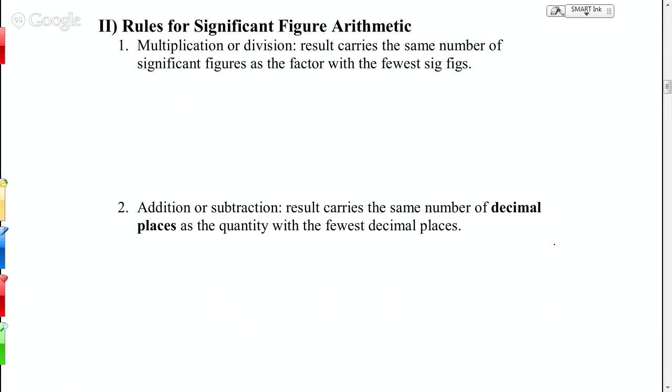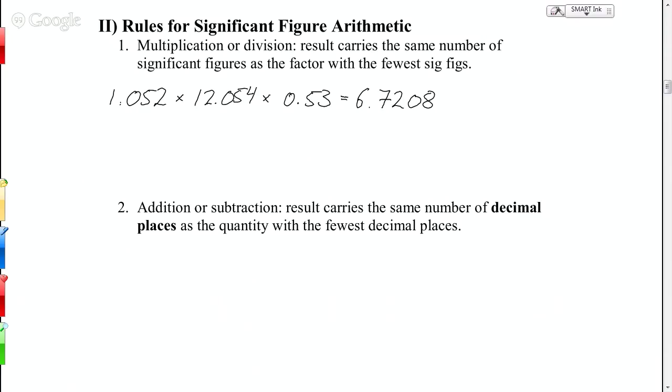So if we are multiplying, for instance, 1.052 times 12.054 times 0.53, I calculated that out and I got 6.7208.